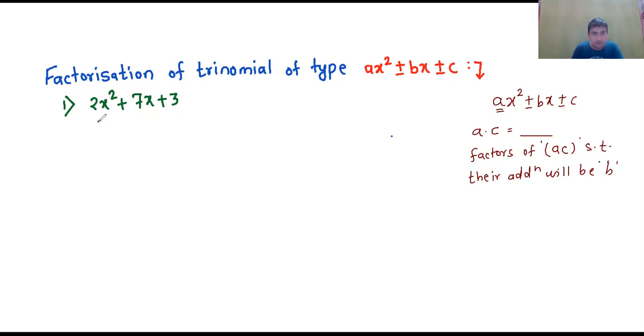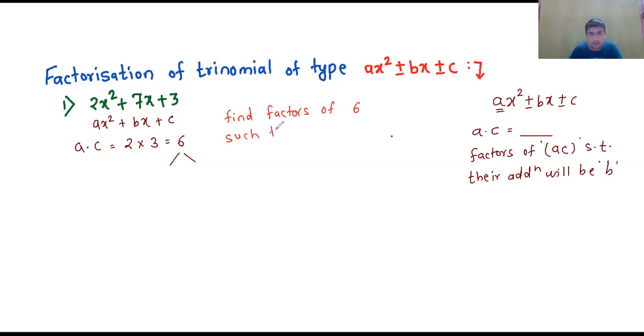If you compare this with ax square plus bx plus c, what is a into c? 2 into 3, which is equal to 6. Now, you have to find the factors of 6 such that their addition will be 7, right?